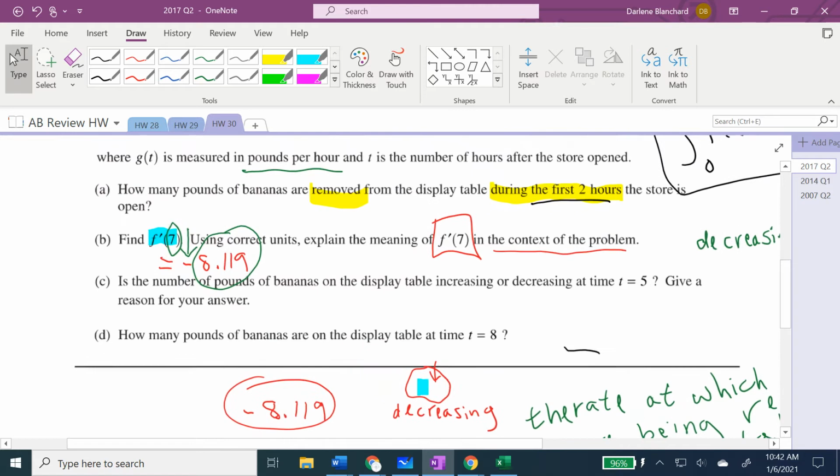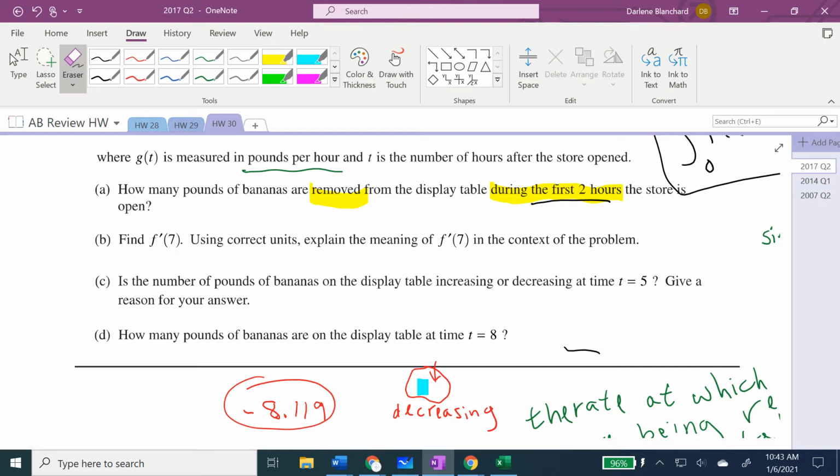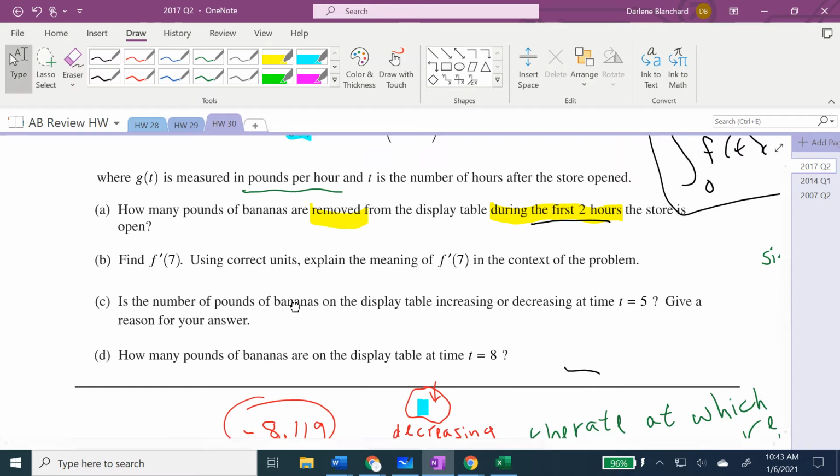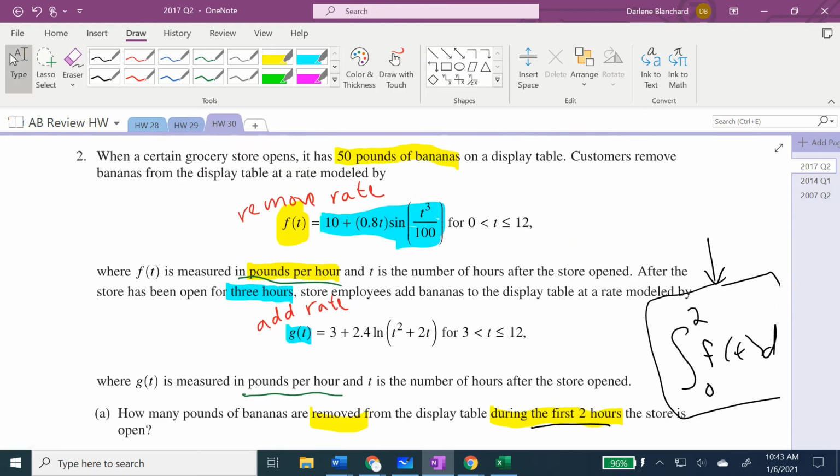Part C. Is the number of pounds of bananas on the display table increasing or decreasing at time t equals 5? This time it's asking just amount on the table increasing or decreasing. That means I need to look at what is the rate at which the total amount on the display table is changing.